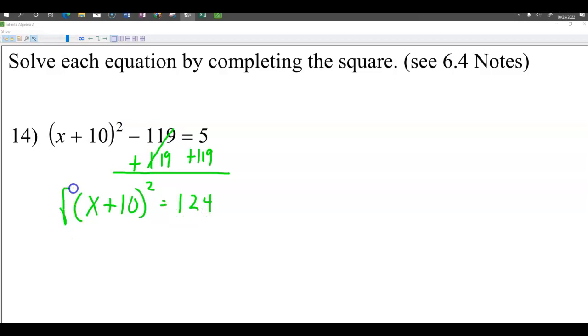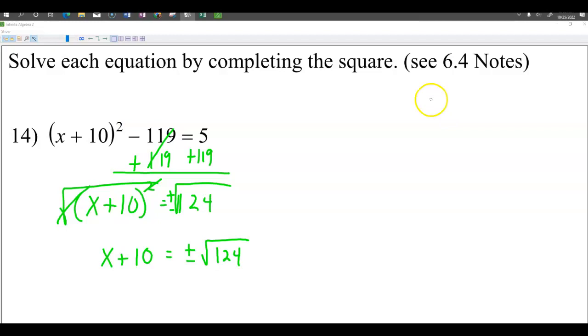Next step is to take a square root. And we still get a plus and a minus. And now here's where things get a little bit different, though, because we don't have a nice square root for 124. So when that happens, we have to break down the number.